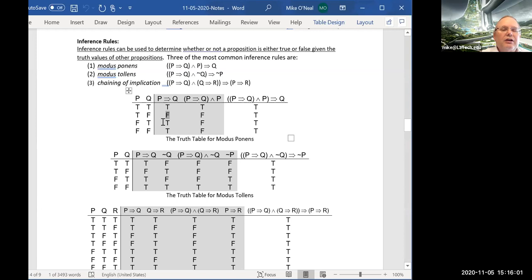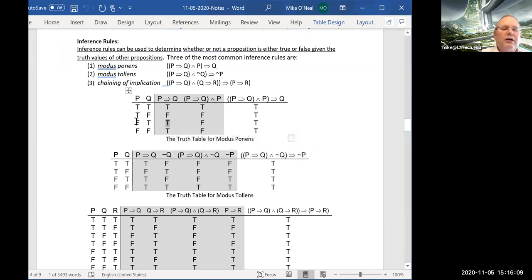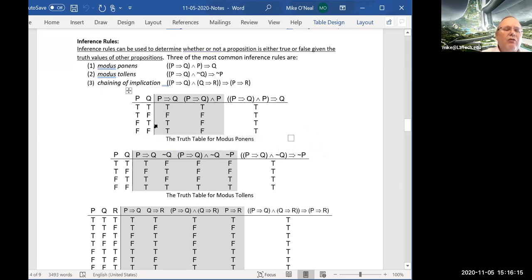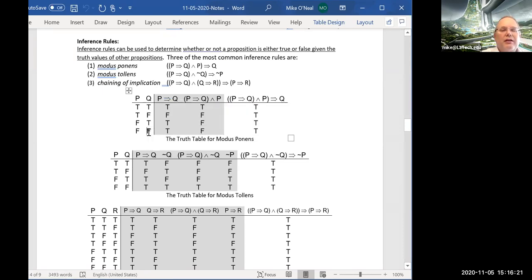This third line here is where the if statement is true in this world. If Josh is at home, then he is playing Halo. That's true. But Josh is not at home right now. So Josh might be playing Halo, or he might not be. The if statement is true in both of these cases, but Josh is not home.